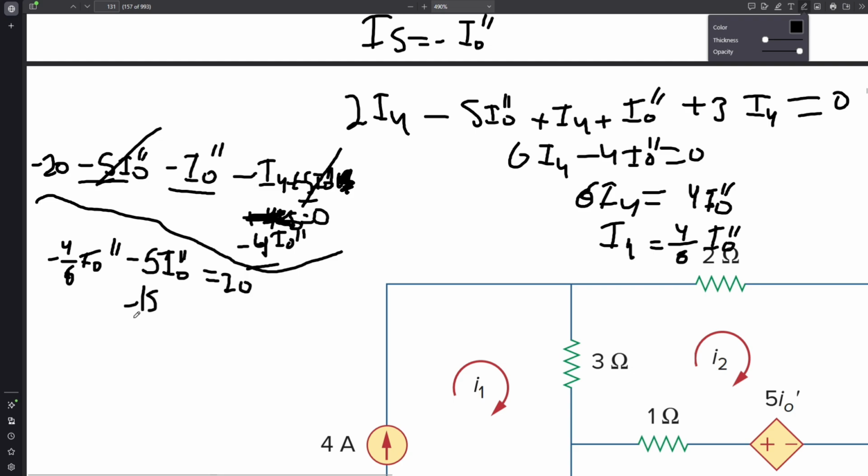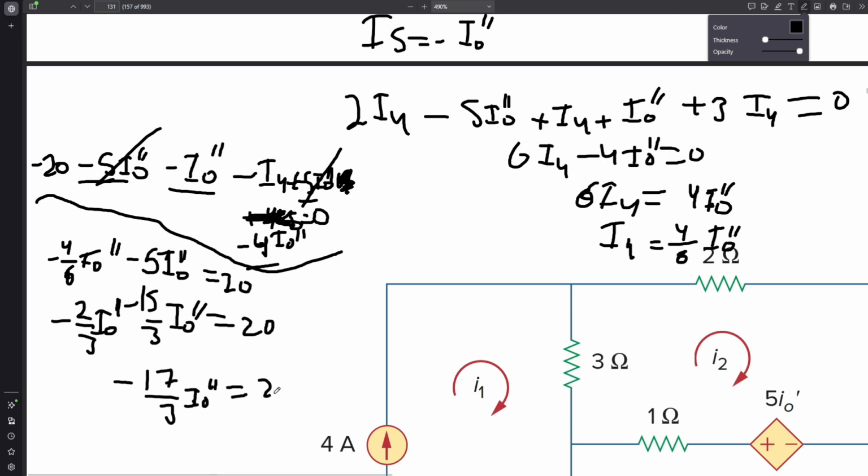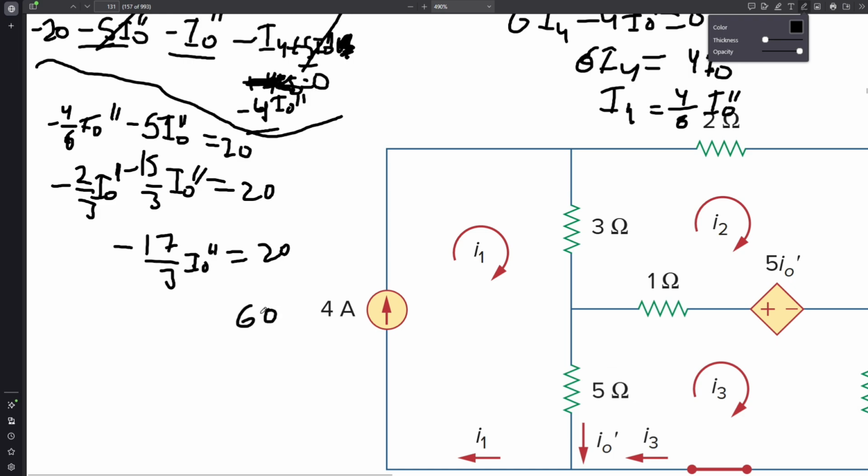If you do it like this, 20 equals negative 2 over 3 I0 double dash. So now combine these together, you'll get negative 17 over 3 I0 double dash equals to 20. So that is 60 over 17. Negative 60 over 17 amperes equals to I0 double dash.